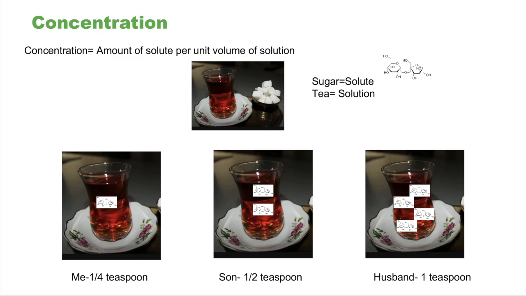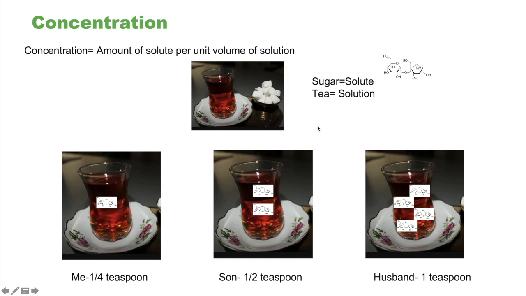And altogether, the water and those components that dissolve in water are collectively called a solution. So concentration refers to the amount of solute per unit volume of solution. What do I mean by per unit volume? That means for a given amount of volume, a given quantity of the solution.